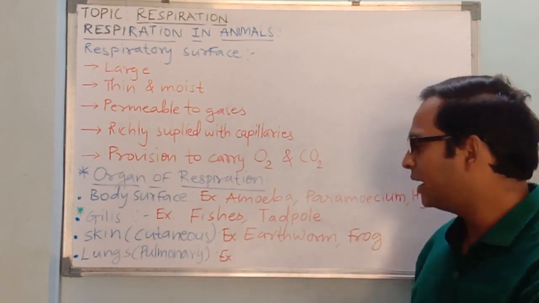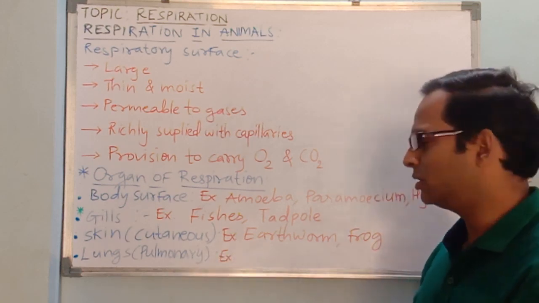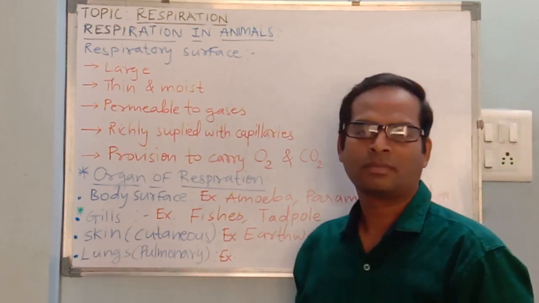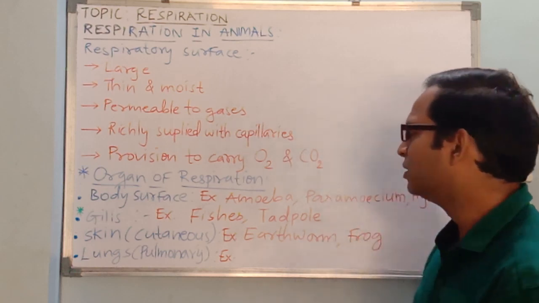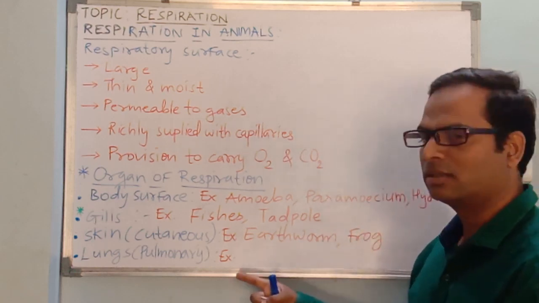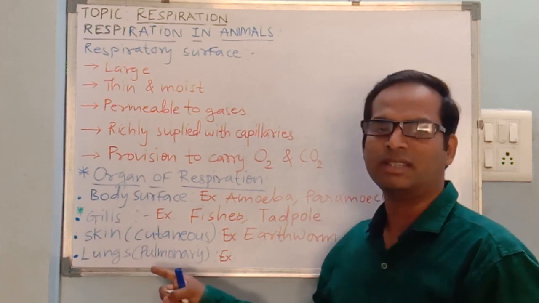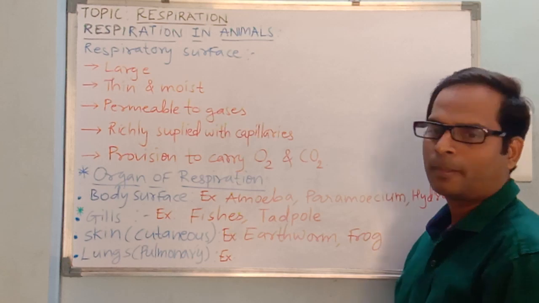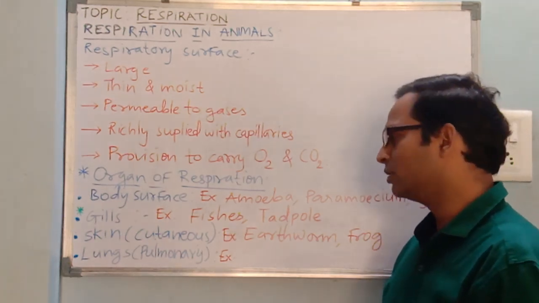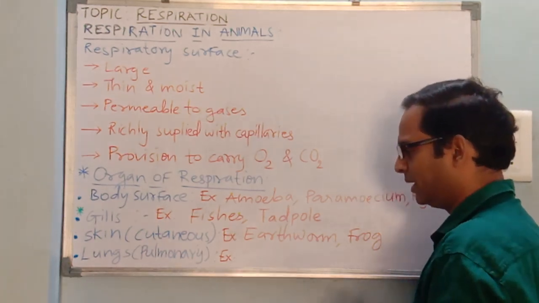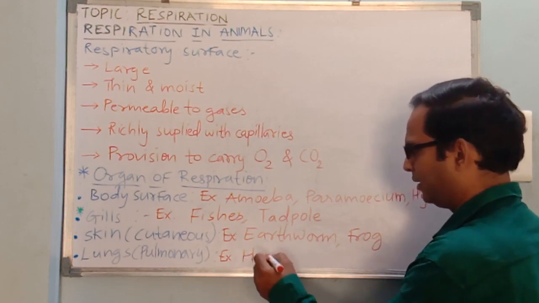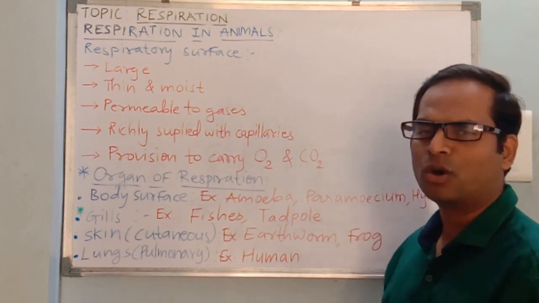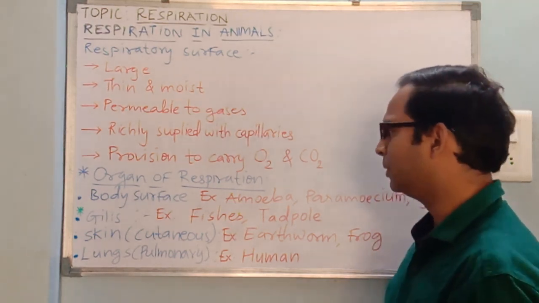And the most advanced organ of respiration is obviously lungs. Respiration using lungs is referred to as pulmonary respiration. This kind of respiration is found in vertebrates especially, and higher organisms also show it. The best example is the human being, and there are so many other examples.